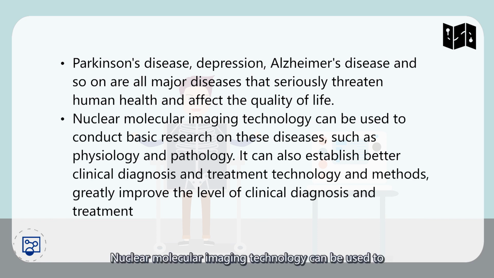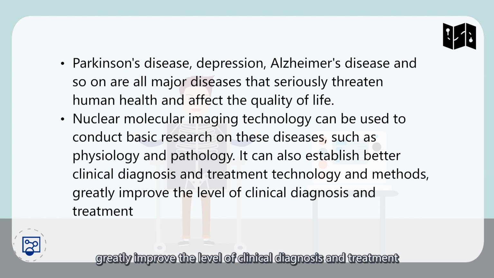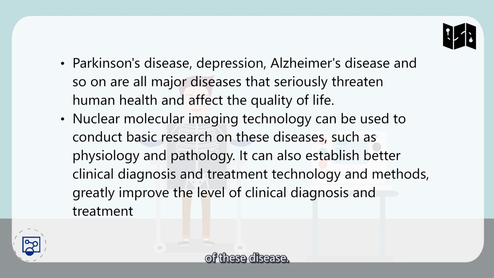Nuclear medicine imaging technology can be used to conduct basic research on these diseases, such as physiology and pathology. It can also establish better clinical diagnosis and treatment technology and methods, greatly improving the level of clinical diagnosis and treatment of these diseases.